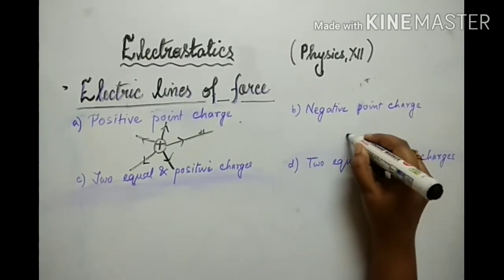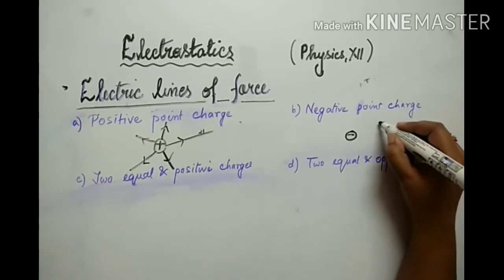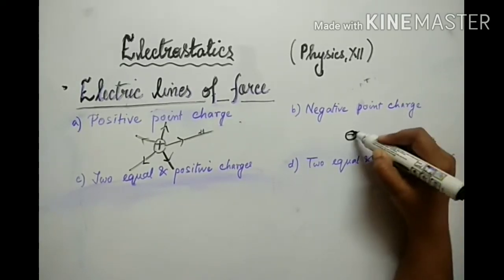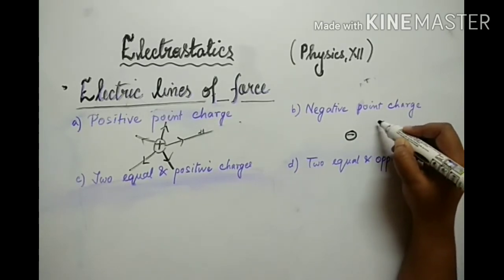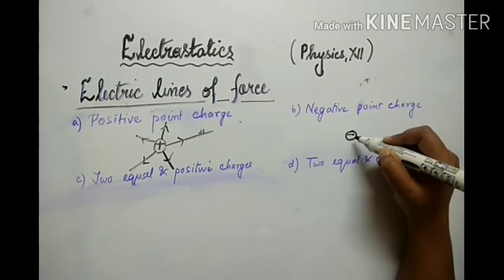Similarly, in case of a negative point charge, what will happen? If you imagine there is a charge of unit magnitude somewhere here, since it is positive, it will feel a force of attraction towards the negative charge.